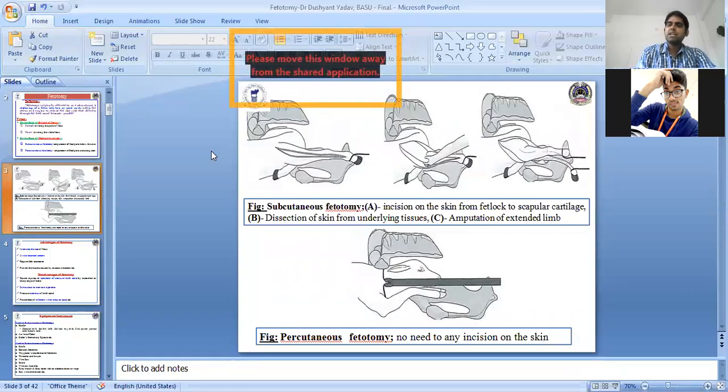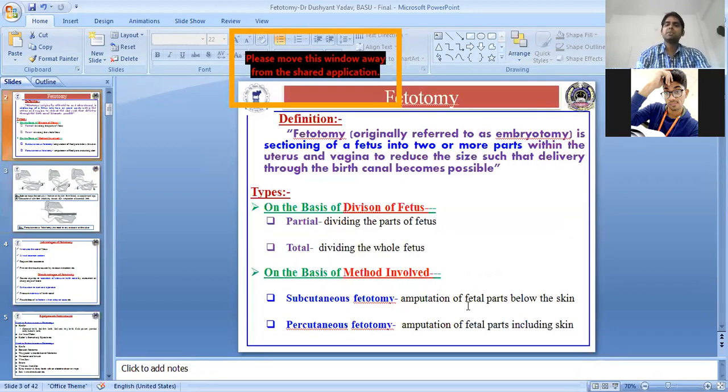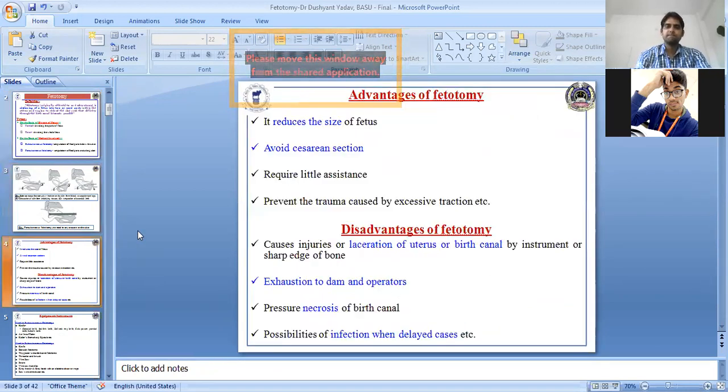The skin and other muscles and bones are cut in one part. As in simple amputation of a fetal part below the skin, it is called subcutaneous fetotomy, and amputation of fetal parts including skin is called percutaneous fetotomy.